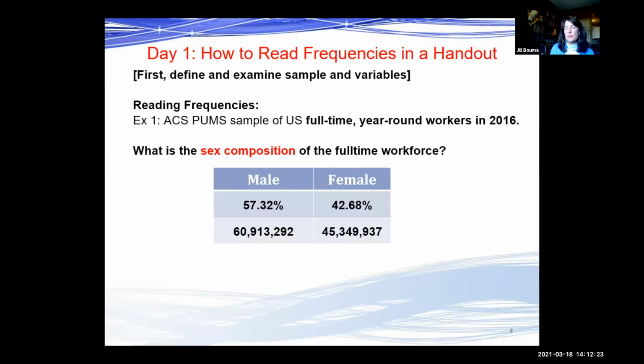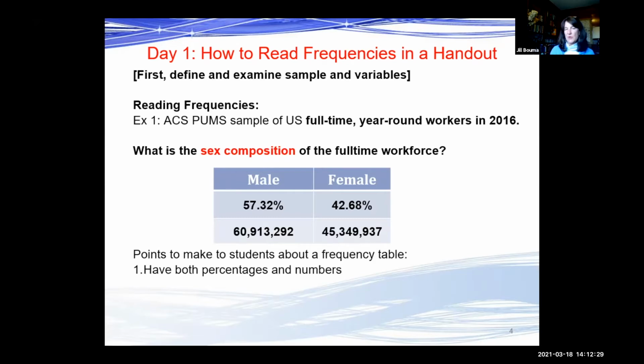Again, this is quite simple, and yet there's actually a lot to share with students when they start seeing these. So the first thing I point out, well, we have both percentages and numbers. And I'll ask them, well, what makes the most sense to use? And I always have students who want to use the numbers, and especially in papers, and I don't know if it makes papers longer, but as you can imagine, it's not terribly effective. And so we'll talk about why.